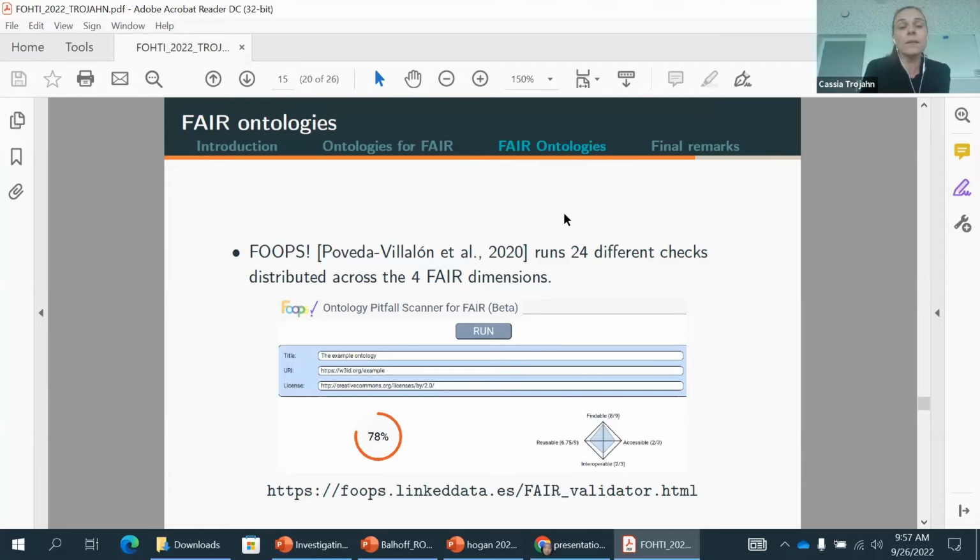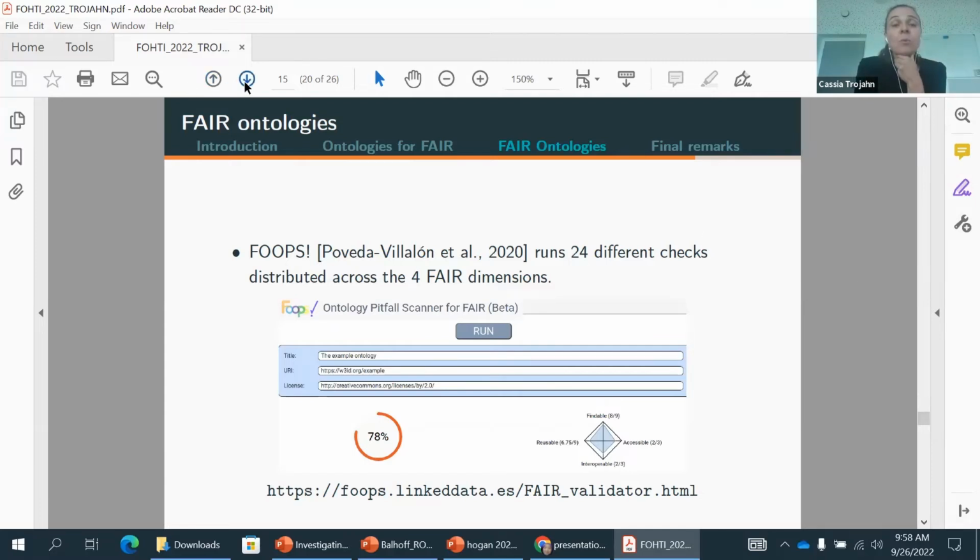So you can run an example and put the URI of your ontology, and then you check in terms of findability, reusability, accessibility, etc. It is a nice tool for evaluating and improving, because for these 24 checks, they detail each check, and it gives a score representing the level of fairness of your resource, your ontology. This is focused on ontologies, sorry.